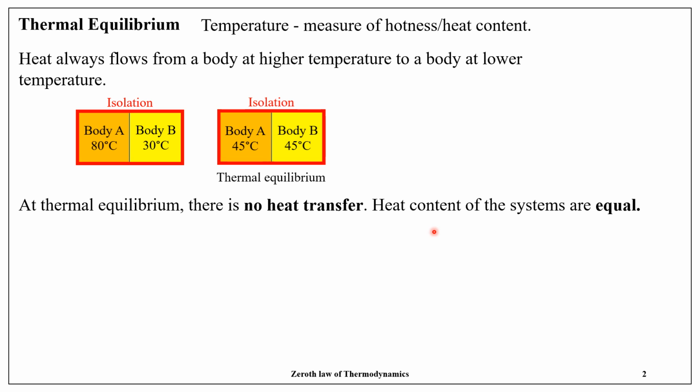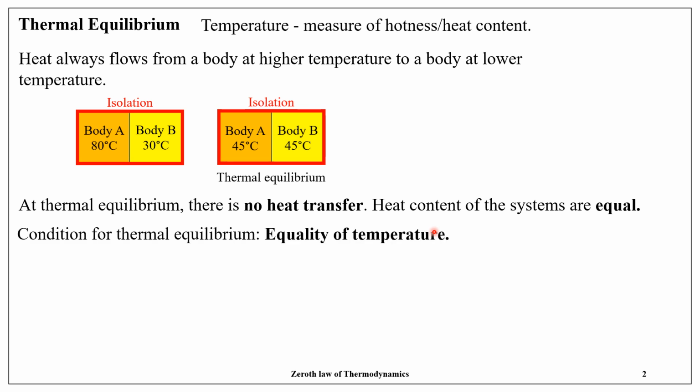How do we know heat content of the systems are equal? Or in other words, what is the condition for thermal equilibrium? The condition for thermal equilibrium is equality of temperature. So two bodies are said to be in thermal equilibrium when they are at the same temperature.